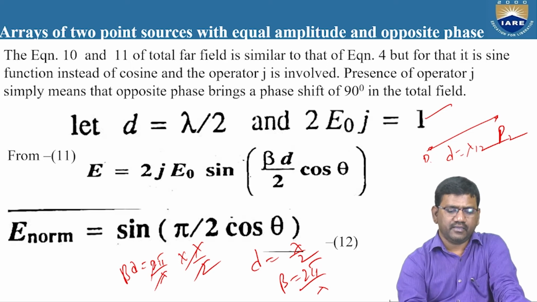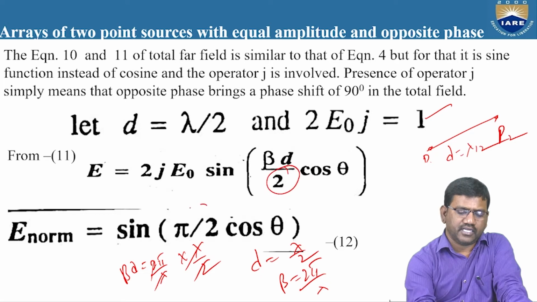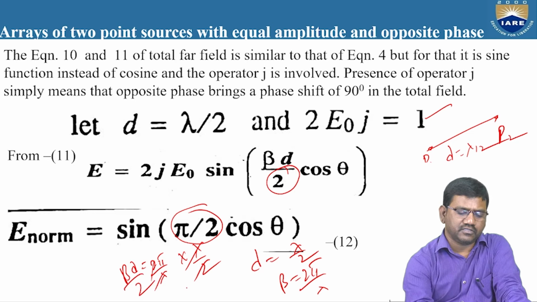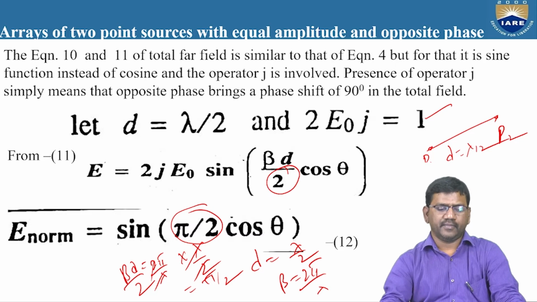Here beta d by 2 gives you pi by 2 cos theta.